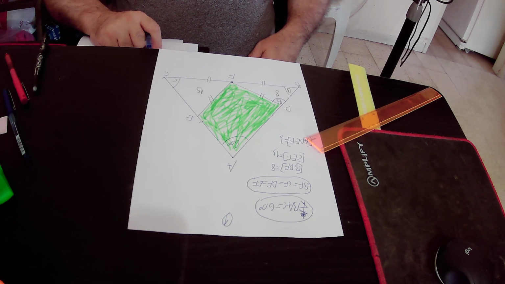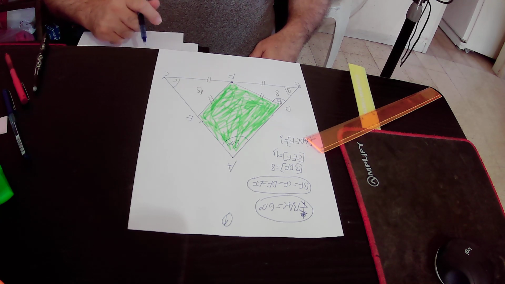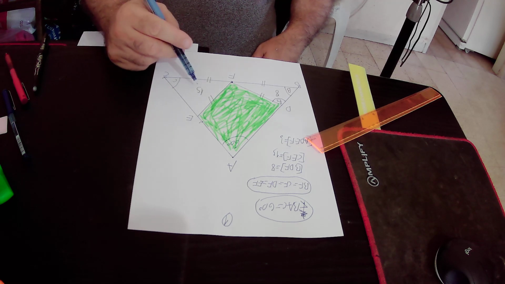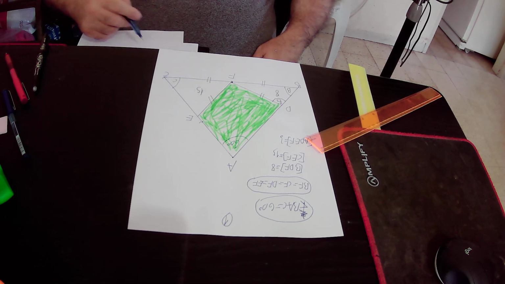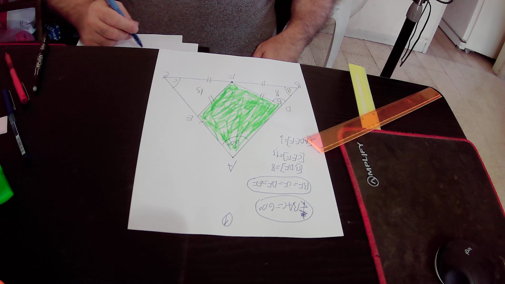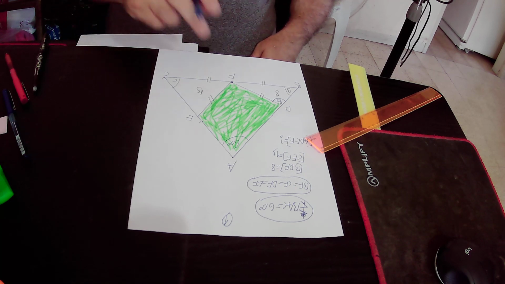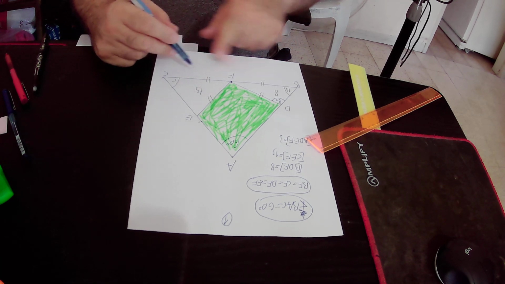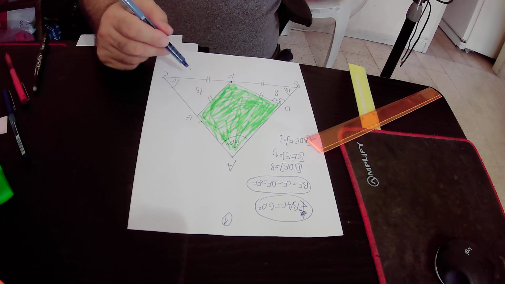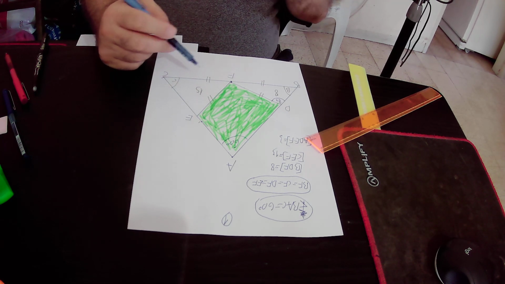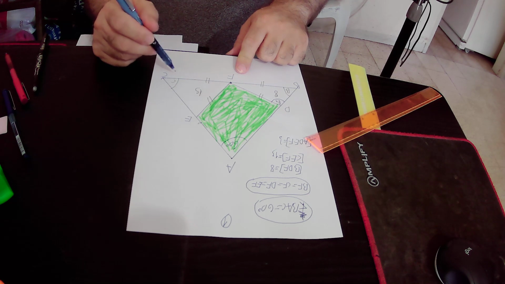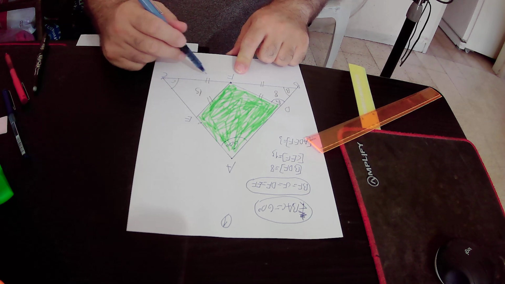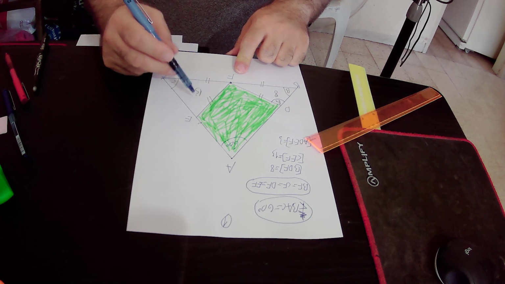And the same thing is true in triangle AFC. In triangle AFC, we know that FC equals FE. Therefore, in front of FE we have angle C, and in front of FC we have angle FEC.